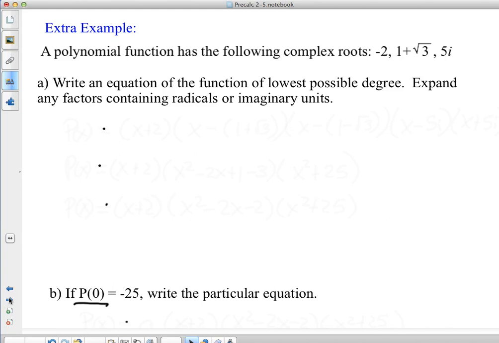Remember, when you set these up, always put your pairs of factors together. Always put your pairs of factors together.